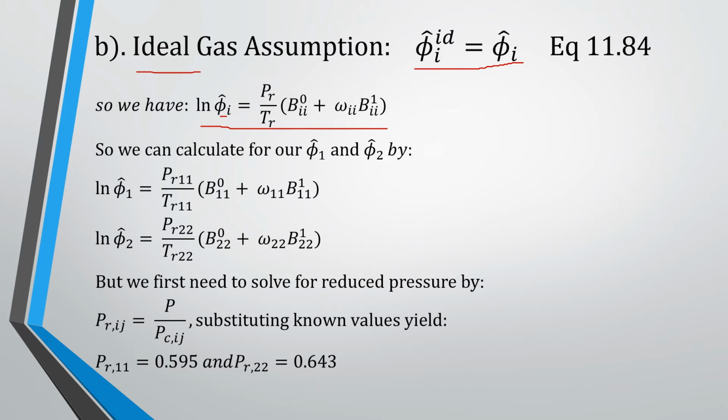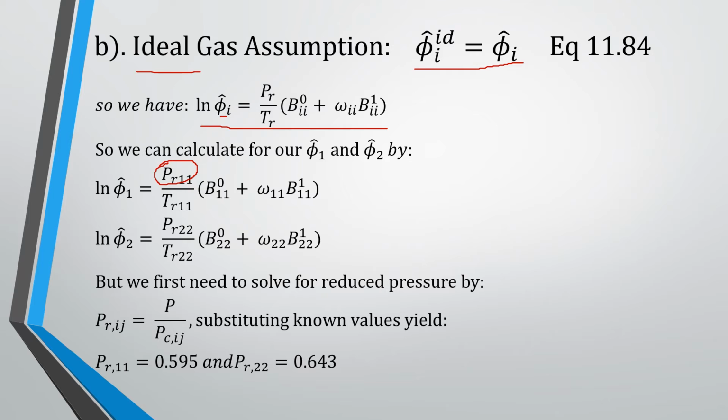The only difference from the previous method that we used in the application of equation 11.63 is that here we use the reduced pressure of the pure species.